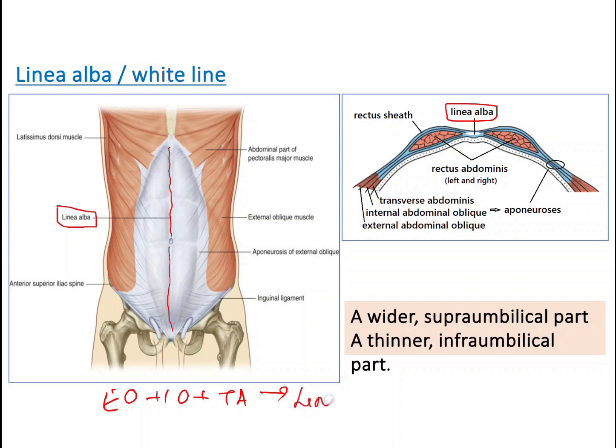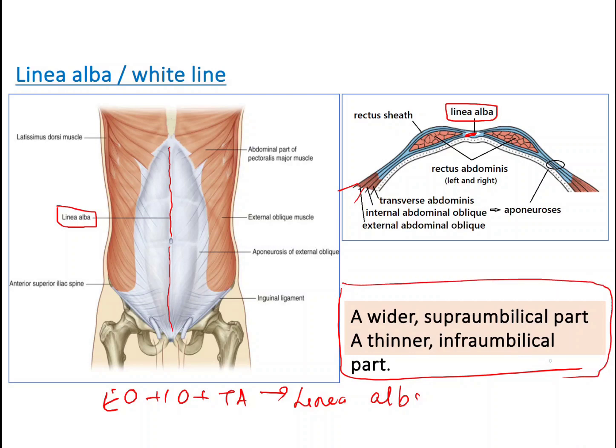So here you can see how the linea alba is formed. Remember this point: the linea alba is wider above the umbilicus. The supraumbilical part is wider and the infraumbilical part is thinner.